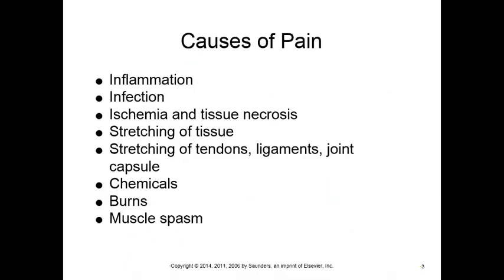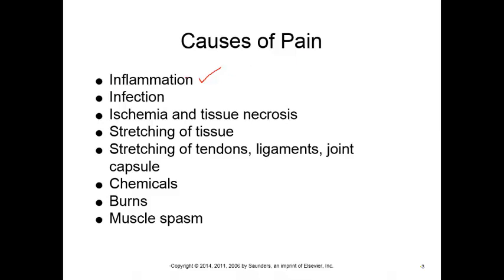Okay? Causes of pain. There are several different underlying causes of pain that we pretty much understand some of the mechanisms behind. One of the first ones we know is inflammation. And inflammation has four characteristics: redness, swelling, heat, and then lastly we have pain.